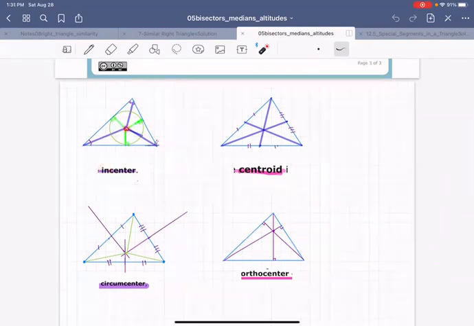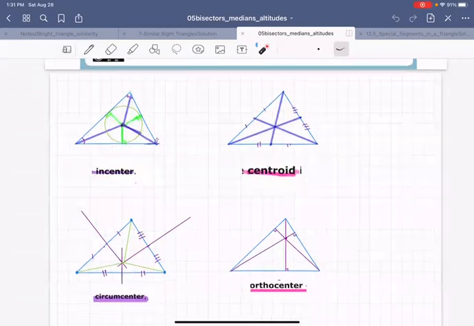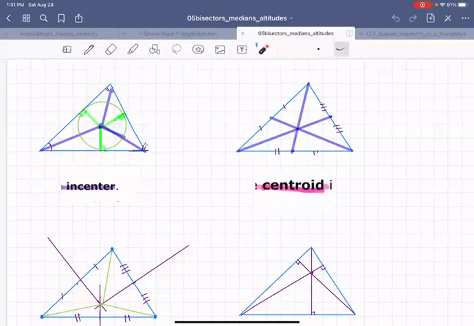If you draw a circle with this incenter as a center, and you draw the perpendicular line to each side, okay? By doing triangle congruency, you are able to prove these three pieces all equal because this is an angle bisector.